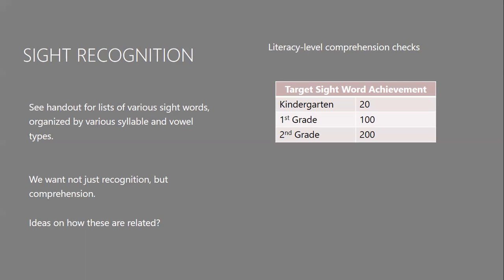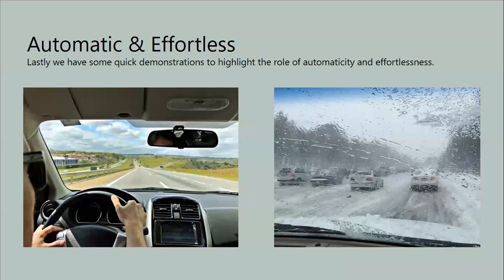First grade is 100, second grade is 200 after that. Beyond third grade, they're able to manipulate the phonemes and understand words well enough to sound them out and teach themselves the words. Whether or not they learn them to the point of being sight words is more up to the learner.